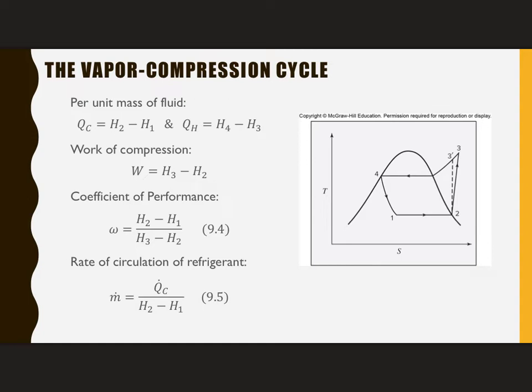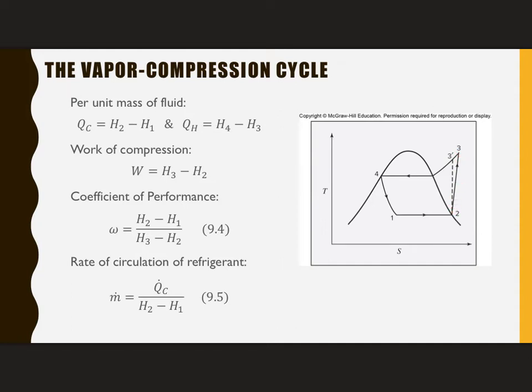So H2 minus H1 for QC, H4 minus H3 for QH. The compressor is going to require work input, and again, if there's little to no change in kinetic or potential energy, and if it's well insulated, then H3 minus H2 can calculate the specific work.